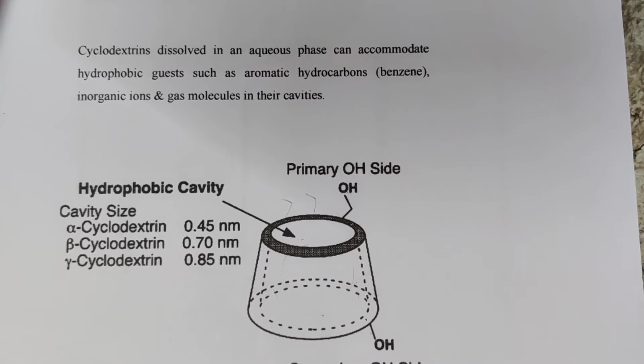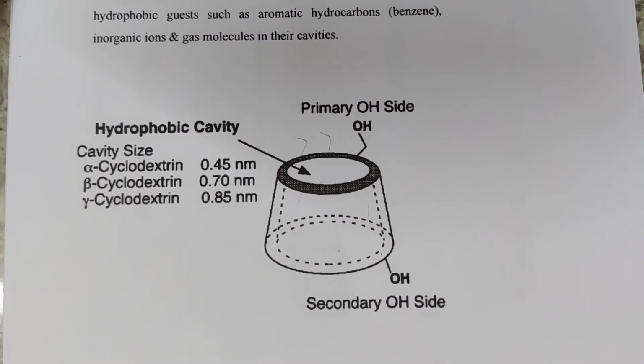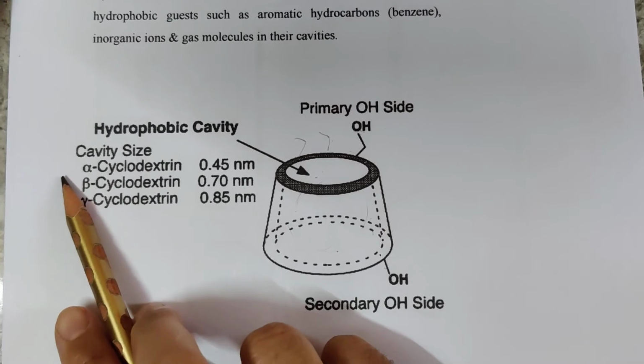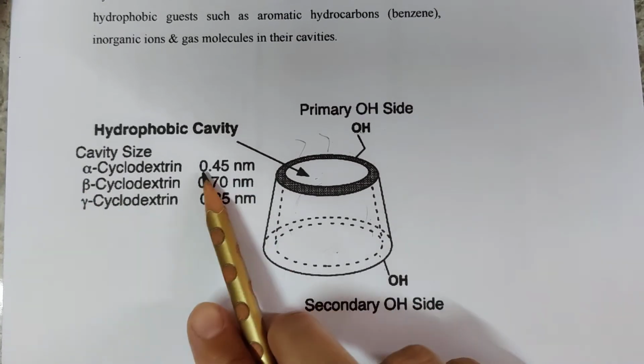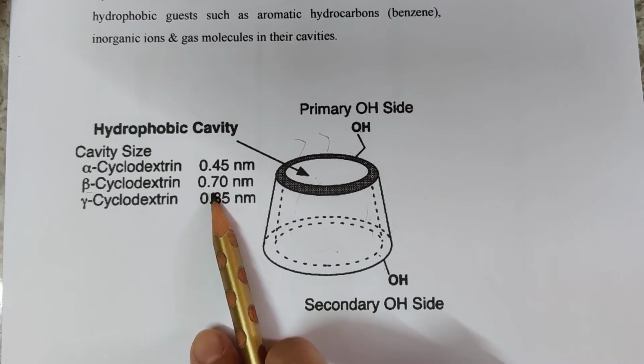Okay, and this cavity will have a specific size depending upon how many glucose molecules are used in the formation of this particular cyclodextrin. For example, for alpha cyclodextrin, 6 glucose molecules were used and the cavity obtained was 0.45 nanometer. For beta it was 0.70 nanometer.